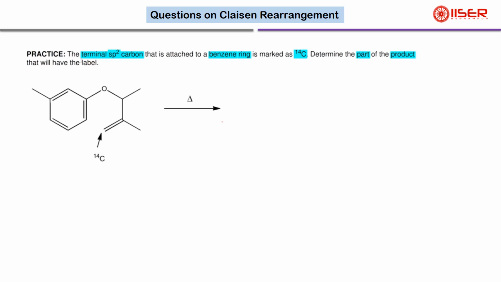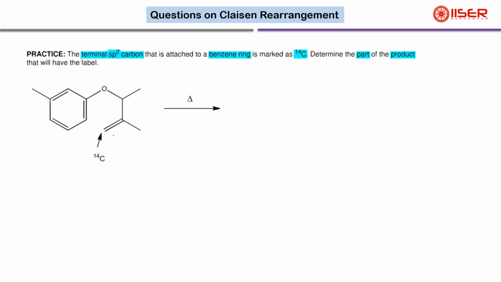Let's go to the next one. The terminal sp2 carbon attached to the benzene ring is 14C marked. Now determine, when the product forms, where this 14C will be labeled, which carbon will be 14C.